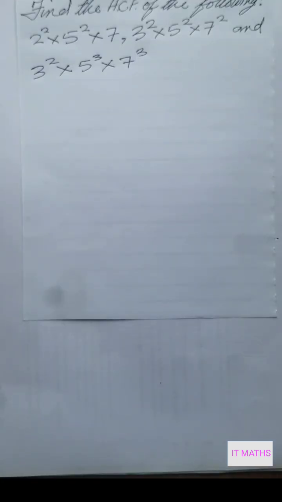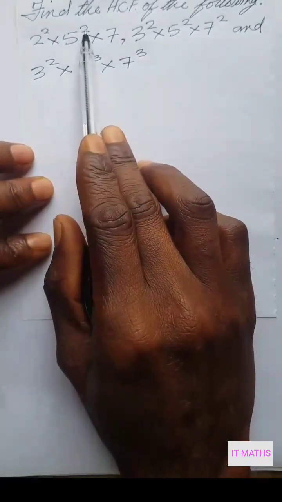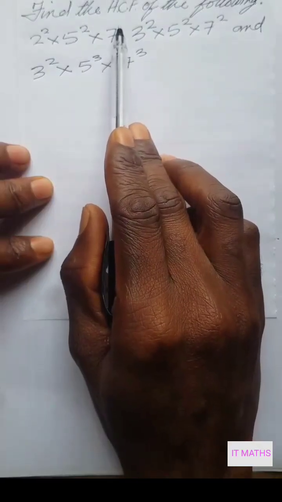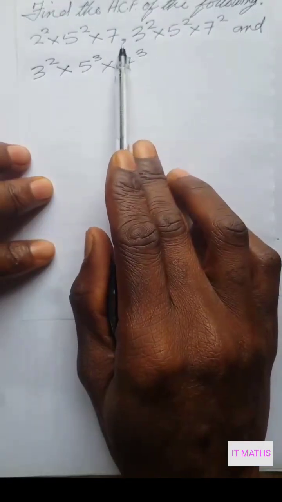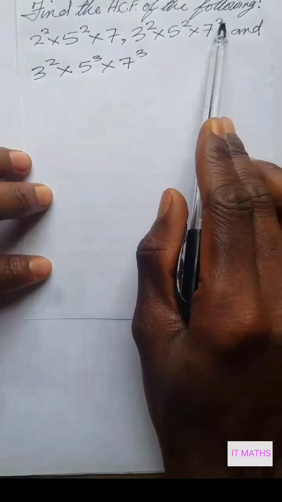And finally, for this video, find the highest common factor of the following: 2 to power 2 times 5 to power 2 times 7. There's a power 1, but we don't write it. The next number is 3 to power 2 times 5 to power 2 times 7 to power 2.